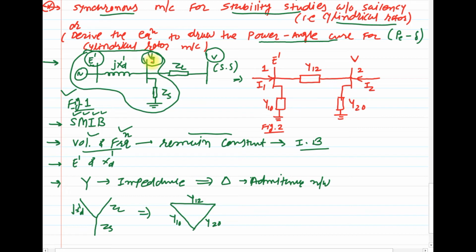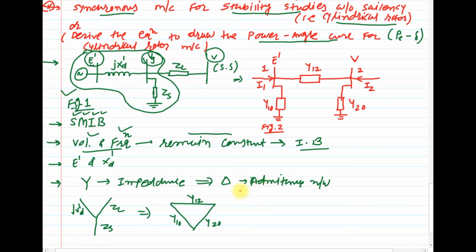Now the next step: to eliminate the generator terminal voltage, we need to convert this star network into the equivalent delta network. Clear? Just compare this figure with figure number 2, so you will get an idea. The next step is to write down the nodal equation for figure number 2.